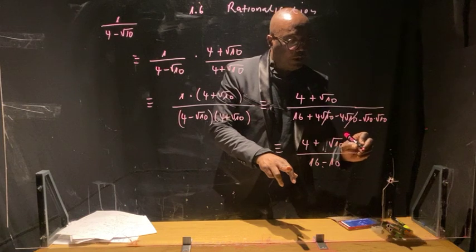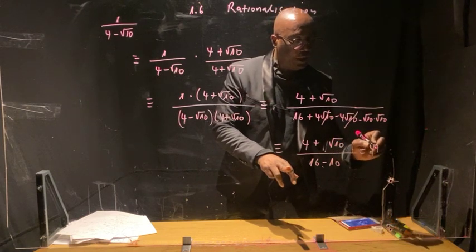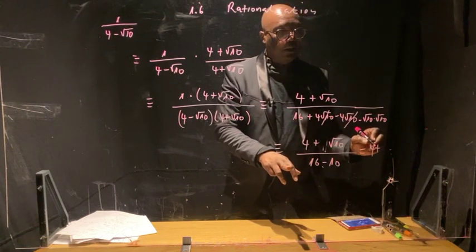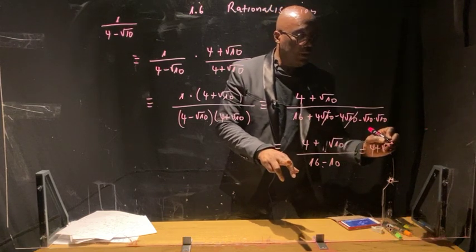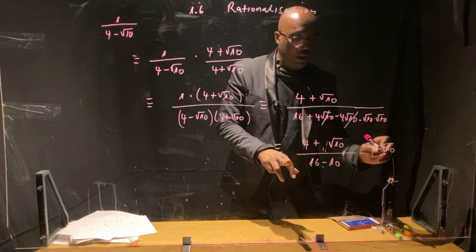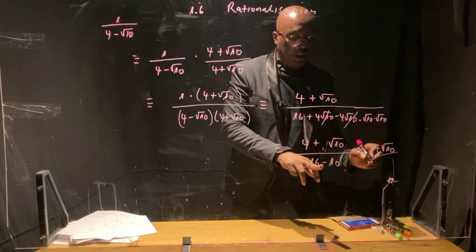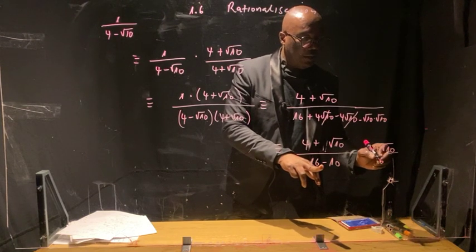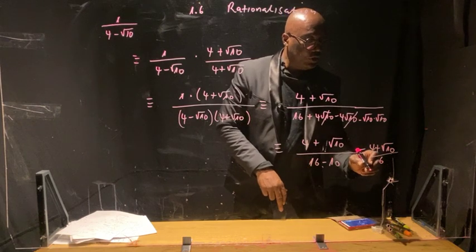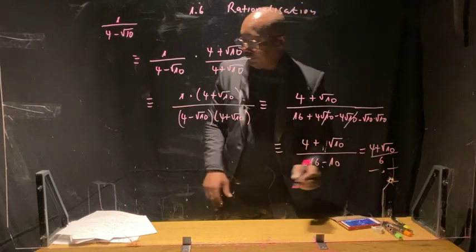So you are left up with 4 plus root 10 all over 16 minus 10 is equals to 6. So this should be the final answer.